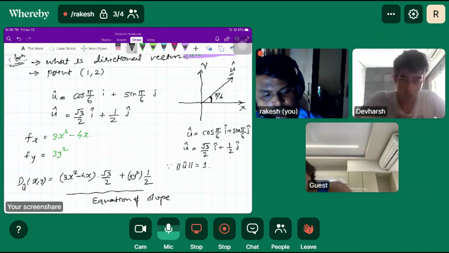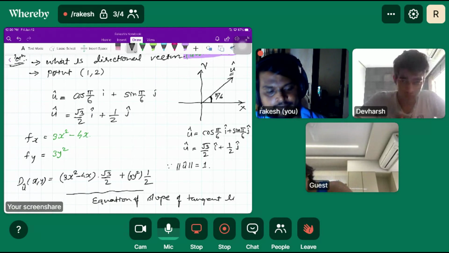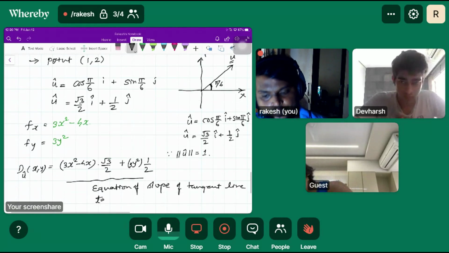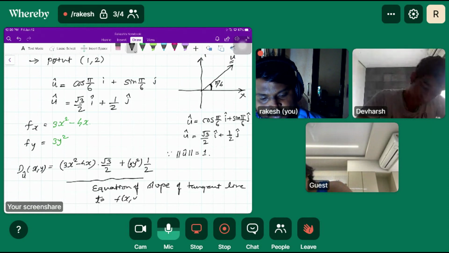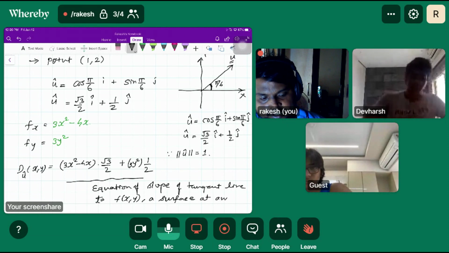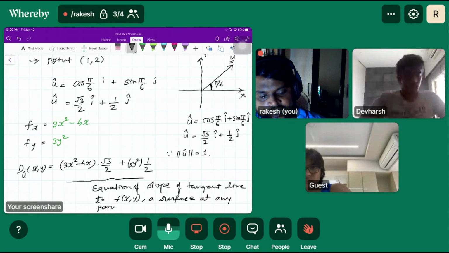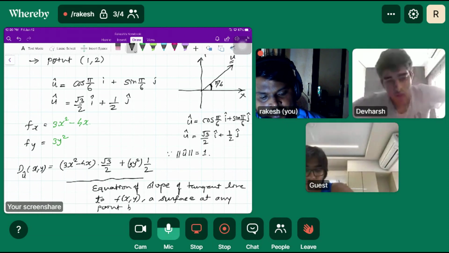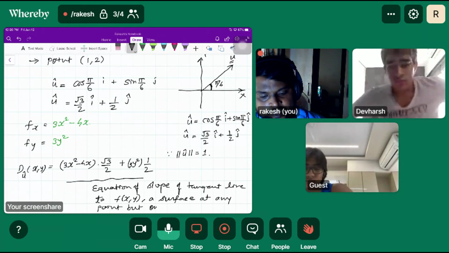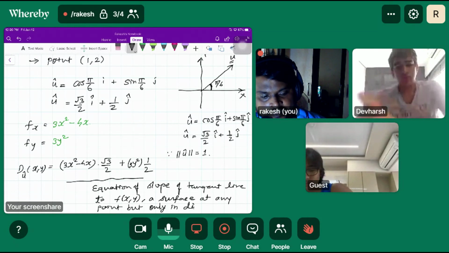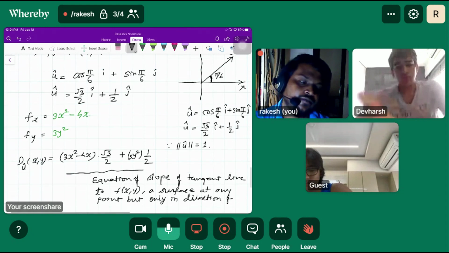So this is the equation of the slope of the tangent line to f(x, y), a surface, at any point, but only in the direction of what?